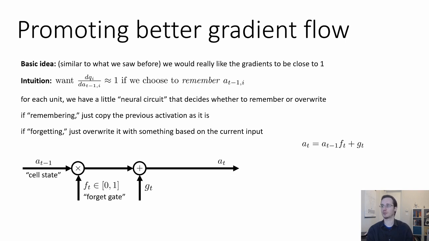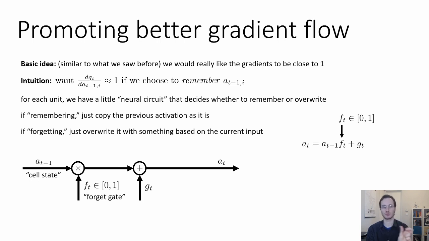But just to briefly summarize what happens to at, the new at is just going to be the old at minus 1 multiplied by ft plus gt. And ft is between 0 and 1, so multiplying at minus 1 by ft is basically like a softened version of a forget-remember decision. So ft can be like 0.5, but you can crudely think of it as a binary gate.